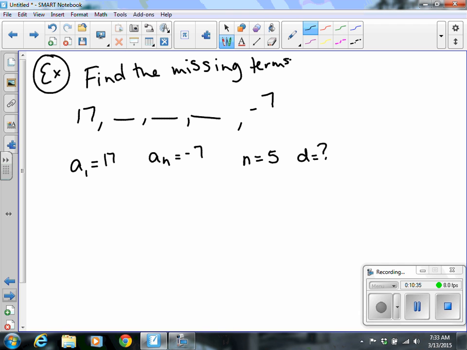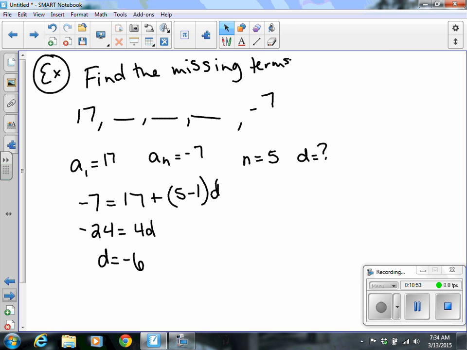So I'm going to go ahead and plug this in. So I have -7 equals 17 plus (5 minus 1) d. I subtract the 17 and I get -24 equals 4d. d therefore equals -6. And now I'm just going to fill in from there. So I have 11, 5, and -1.